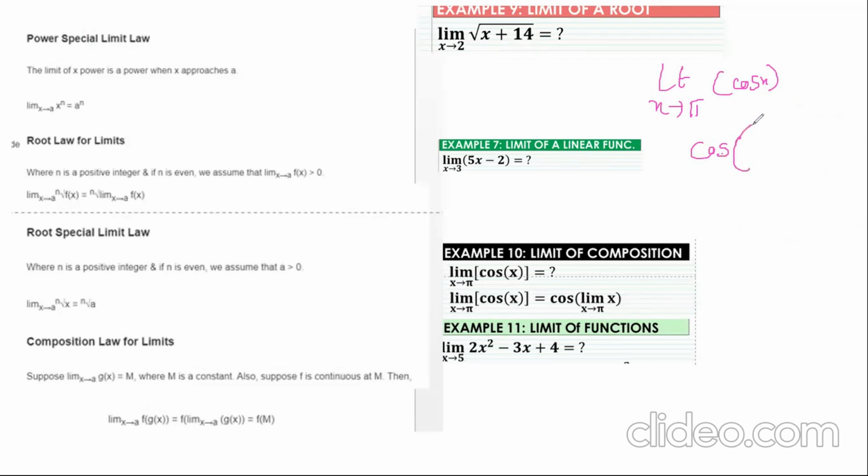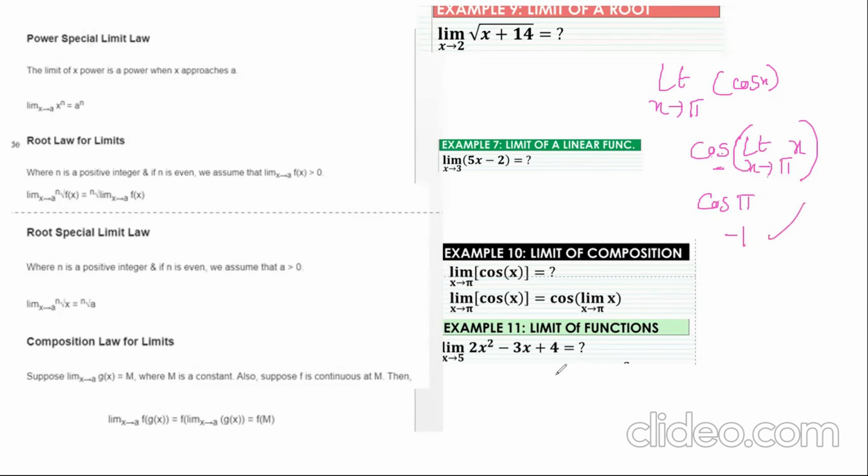The function can be kept as it is, and you are going to keep the limit inside, right? Cos of limit x tends to pi of x is cos pi. Cos 180 is minus 1. Got it? In this way, you are going to solve.